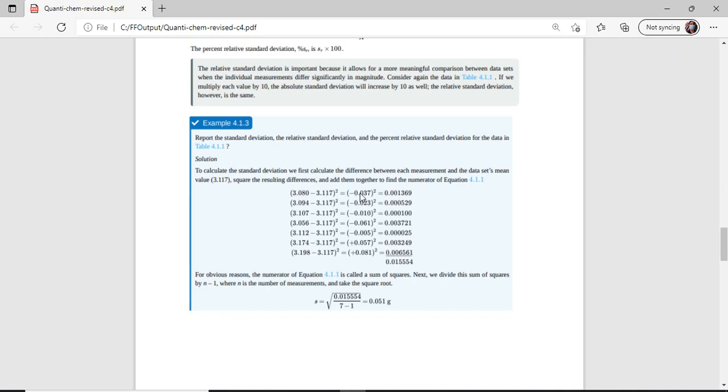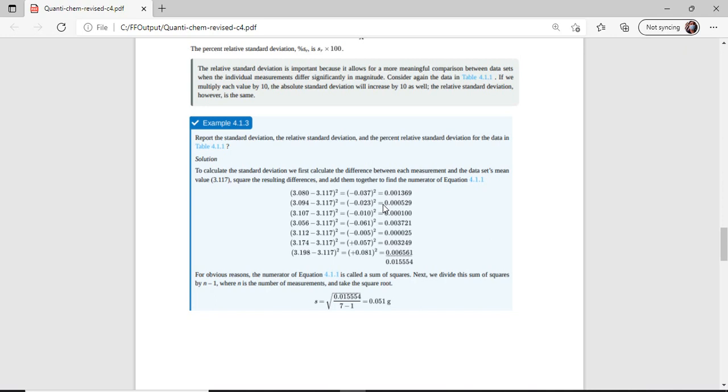Because you have a higher value for your mean, your answer will be negative. So it is negative 0.037. Then it is squared, multiply it by itself, giving you an answer of 0.001369. And for your second value, 3.094 minus 3.117, we'll have negative 0.023 squared.